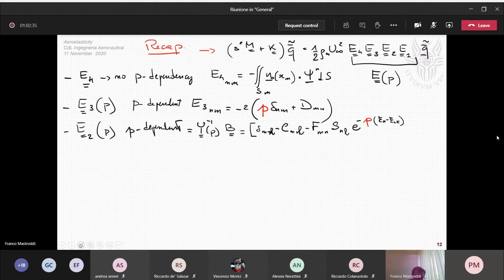And this is the Y matrix to the minus 1, and this is the term M, L to be multiplied by B.